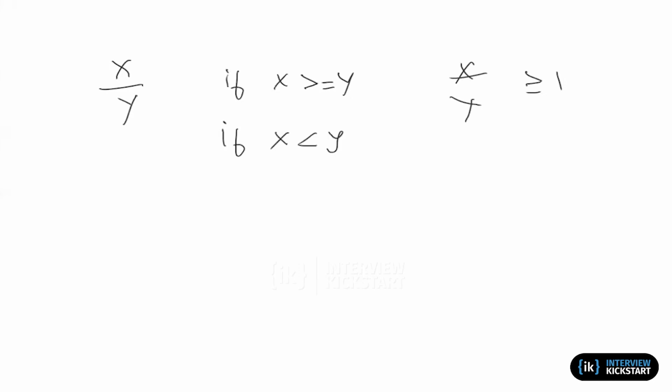Now we could also use another trick. Let's say you take this fraction x by y. If x is greater than or equal to y, this x by y will be greater than or equal to 1. It may have a fraction part, but forget that. And if x is less than y, you will get 0, at least the integer part of it, right?